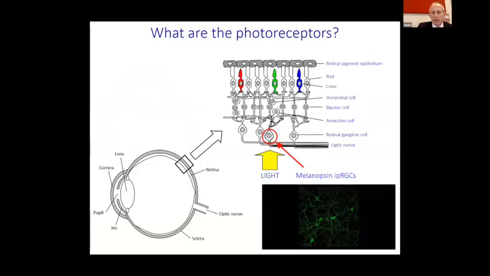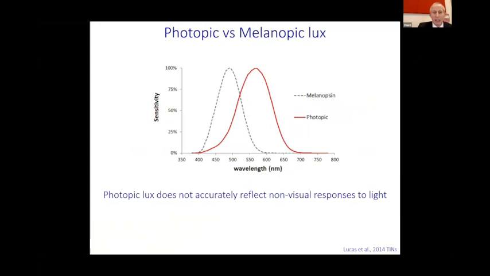And of course we have these melanopsin photosensitive retinal ganglion cells, which are critically important in these responses. A key point that has already been raised is that photopic lux does not accurately reflect these responses, and this led to the concept of melanopic lux, or melanopic equivalent daylight illuminance, which is now widely used to capture the different spectral sensitivity of these non-visual responses to light.